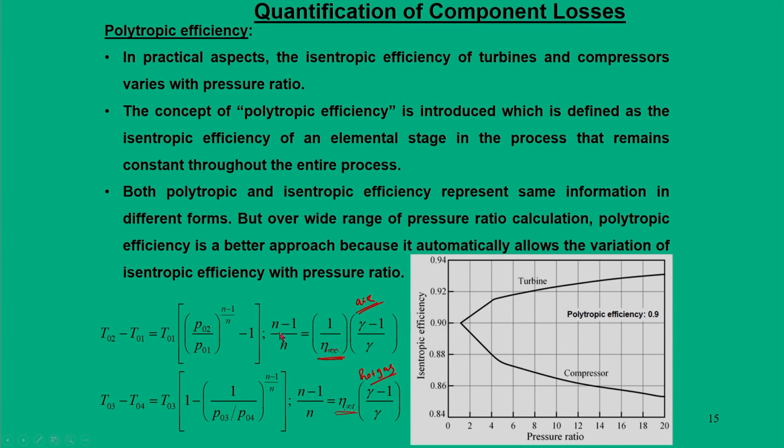For this reason, the polytropic efficiency has a better advantage when we compare the isentropic efficiency over a wide range of temperatures and pressures for compressors and turbines. But more or less the physical meaning of isentropic efficiency and polytropic efficiency is the same.